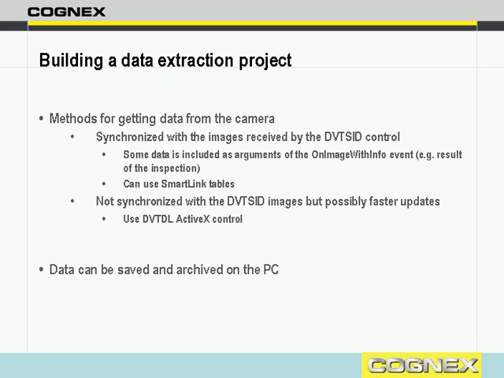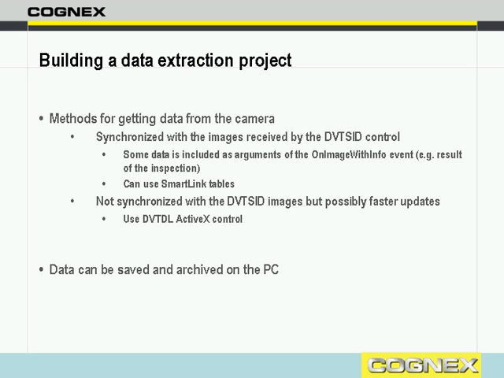So we talked earlier about how to get data from the camera. And one of the ways of doing that is using that on-image with info event, which has something like the result of the inspection, for example. It also contains other things like the image ID, which may not be very relevant to the inspection itself.